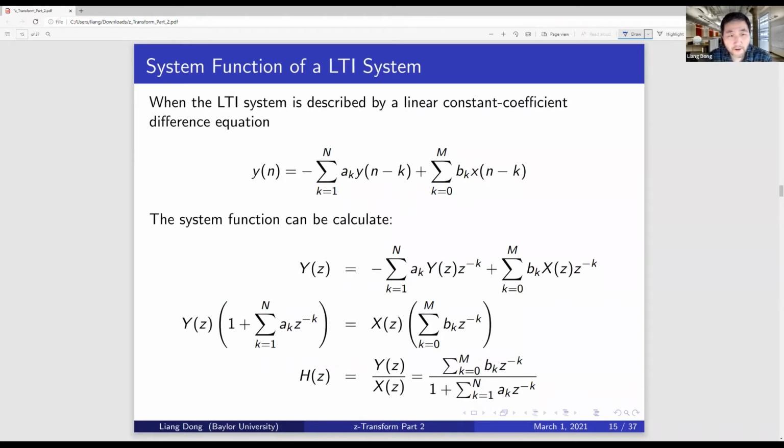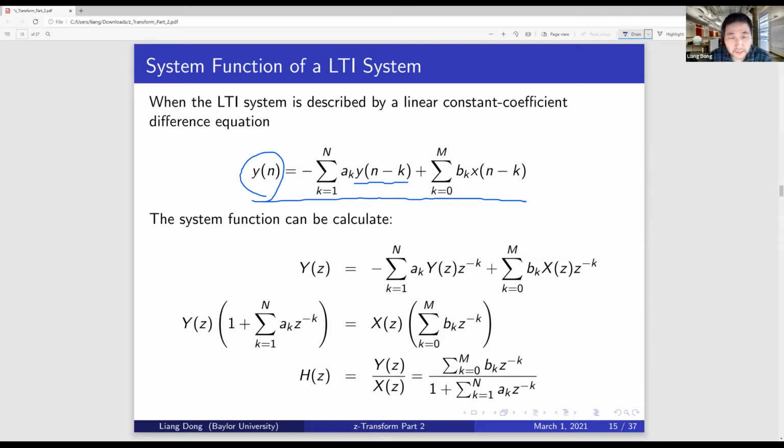Now we know a linear time invariant system can be described by a constant coefficient difference equation. So the system can be expressed like that. We already know that. It's a difference equation. We have the current output y, that's what we have at the observation. The current output y is equal to, these are the feedbacks. So I have all these y's put in memory.